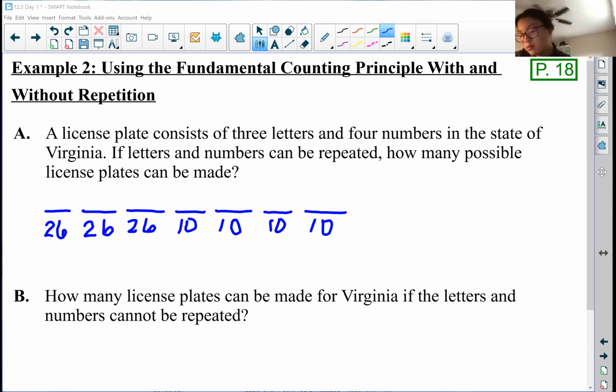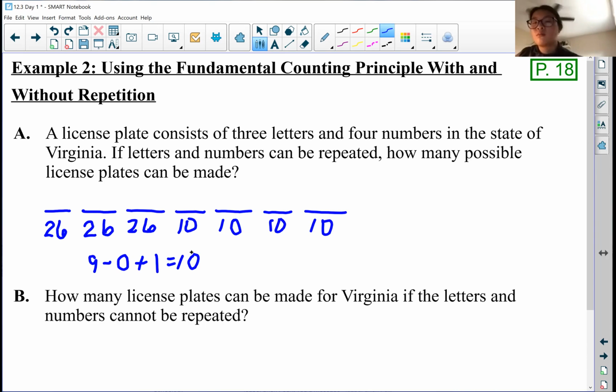So there's a way to figure that out. If you have a range of numbers, like from 0 to 9, you take the larger number minus the smaller number and add 1. So that's why we get 10.